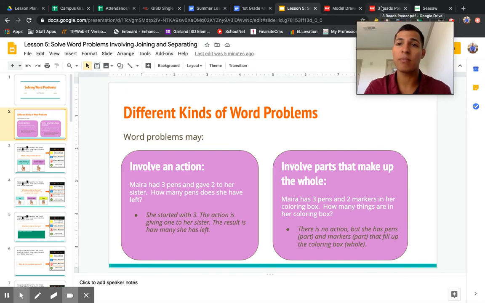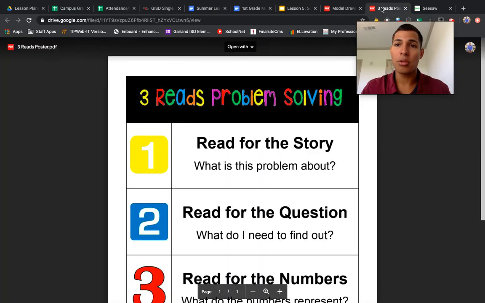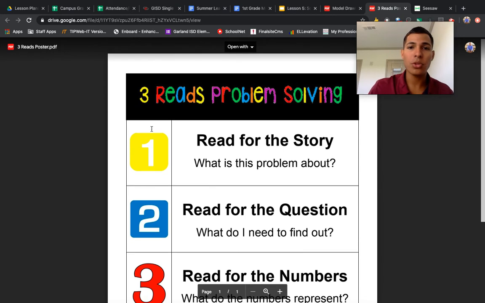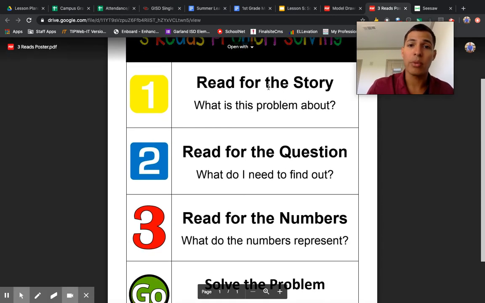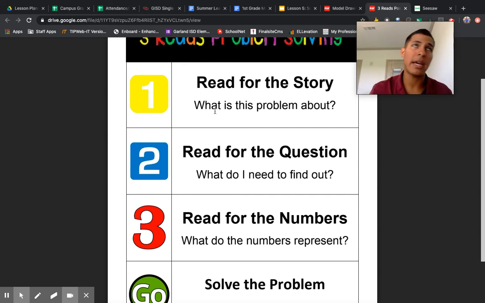And when we're going over all of these, we're going to be seeing a lot of this again. Since this is not new to us, but since we were off for 2 weeks, I'm going to go through the 3 reads poster with us really quick. So the 3 reads problem solving, right? One, read for the story. What is the problem we're trying to find out, if it's an action or if it involves a missing part, right?